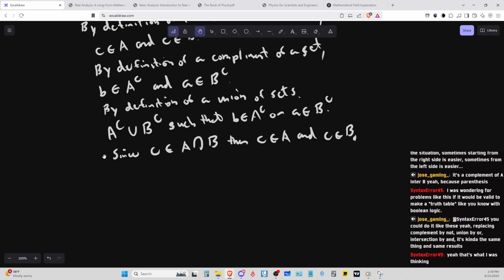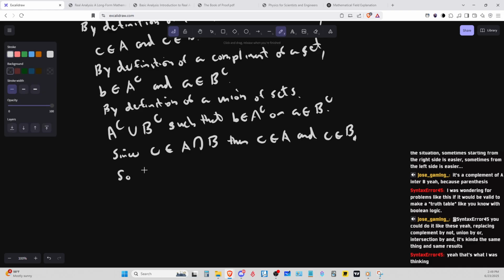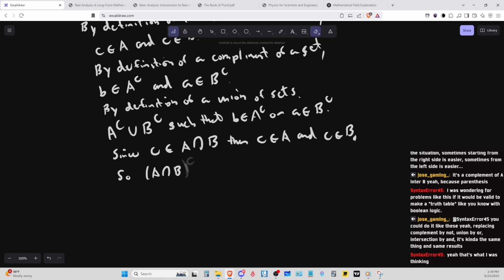Okay. So C is an element of A and B, but if we have a complement, then that means, so, the complement of A. Oops, not that writing. So A intersection B complement means that C is not an element. We'll just write that.